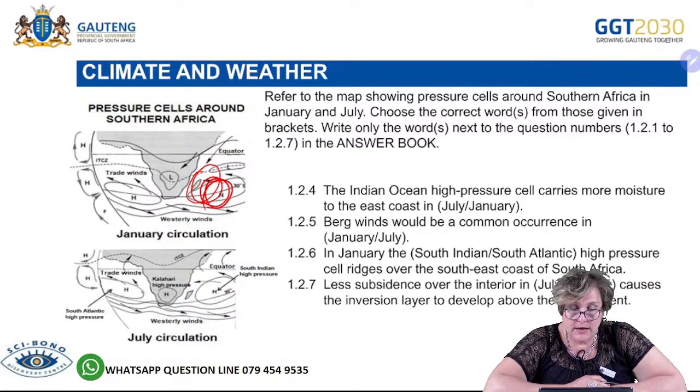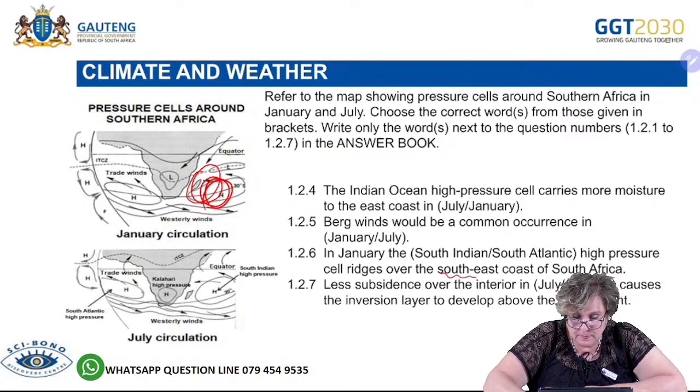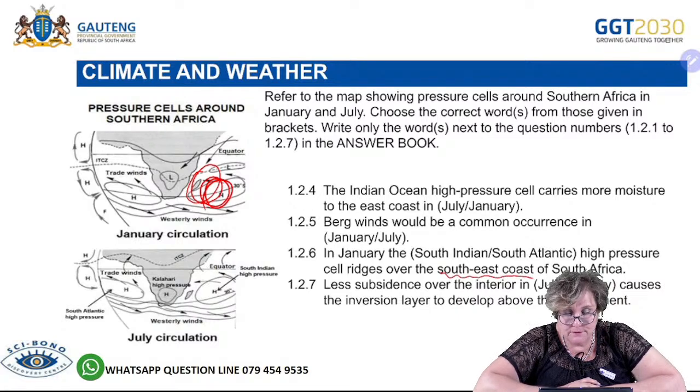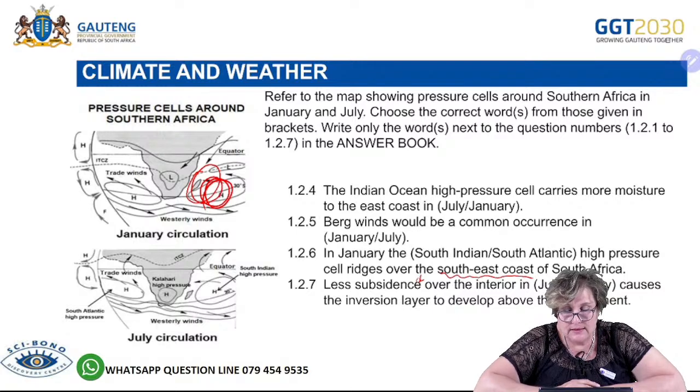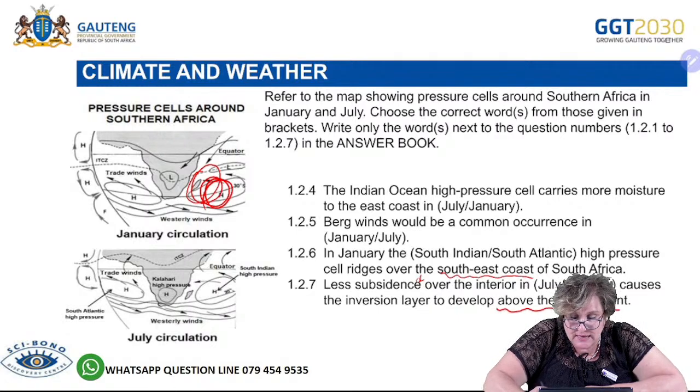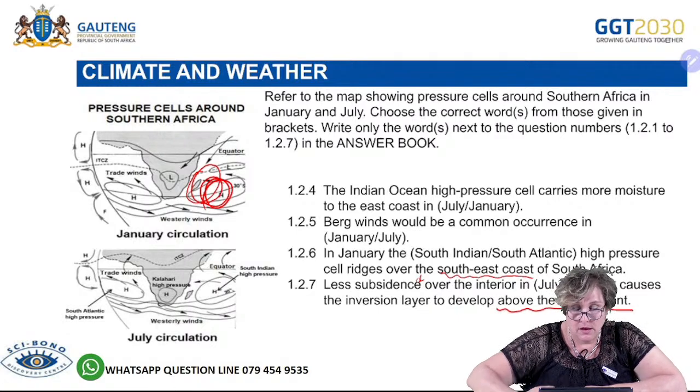In January, the South Indian or South Atlantic high pressure reach over the southeast coast of South Africa. 1.2.7. Less subsidence, that means sinking, over the interior in July or January causes the inversion layer to develop above the escarpment. There's your key. So let's look at the first one.